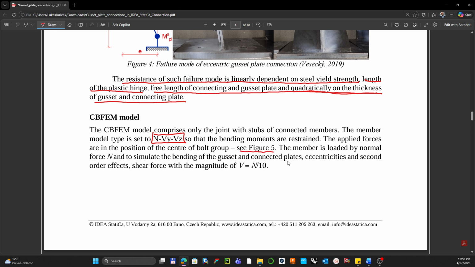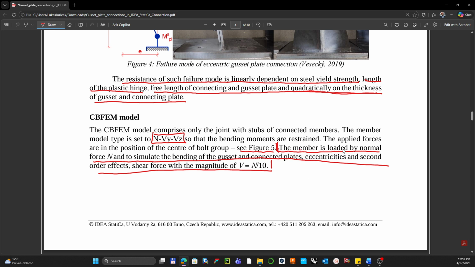And this is the most important sentence that I think is coming from this research. Let me highlight it. This one says that in the IDEA StatiCa connection, you are not able to imply the eccentricity and the second order effects once you are using material nonlinear analysis.